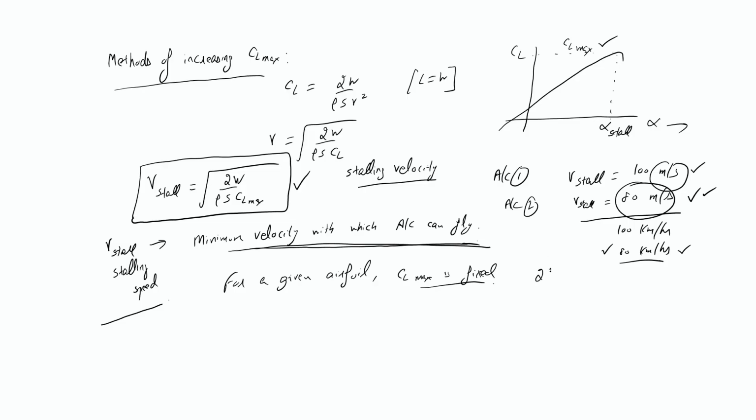So for example, for a 2412 airfoil, your CL max will be fixed depending upon the speed. So what we do is we employ artificial high lift devices that will increase the CL max.